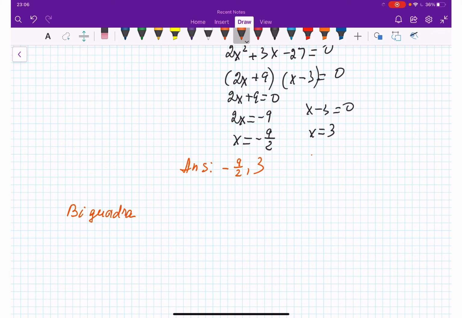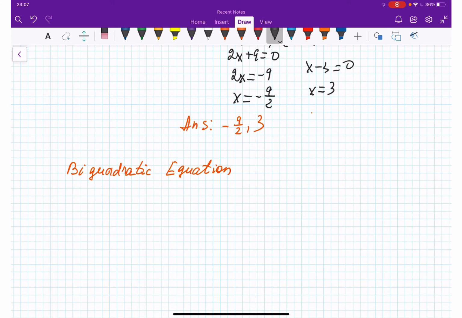Biquadratic equation. All right. So, continuing. Number 4, we have x to the 4 minus x squared minus 12 is equal 0.